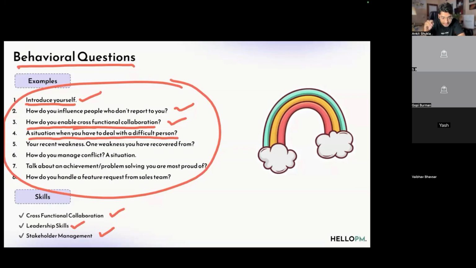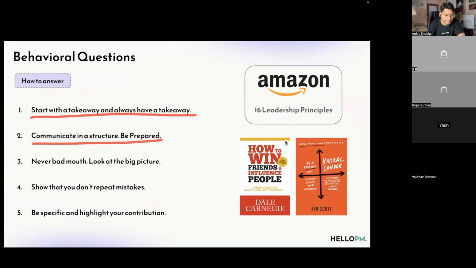You should have good scripts for these questions. Always remember, in an interview you do not rise to the level of the occasion. You fall to the level of your preparation. So it is mandatory to be prepared with these answers in written form so that you are using the best words that you can.